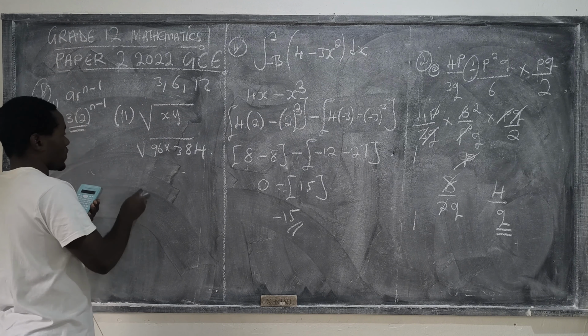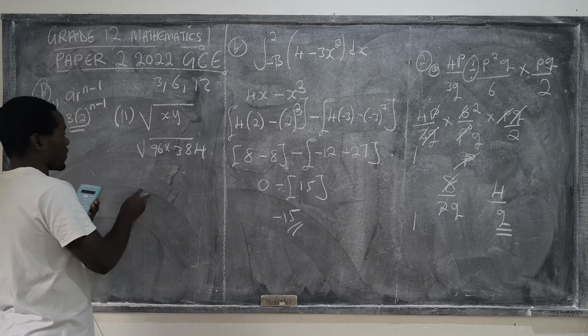Meaning even this one is wrong. So walking, there were 25. So we are saying 25 minus 8 minus 7, which gives me 10. So I still get my 10 there.